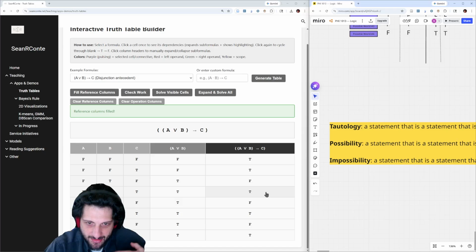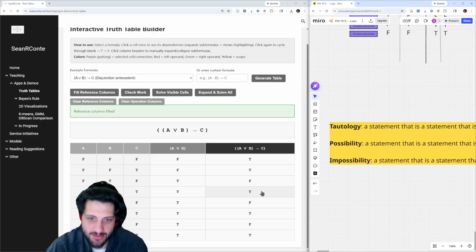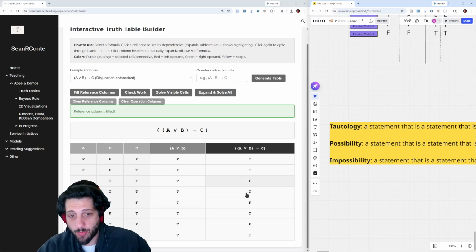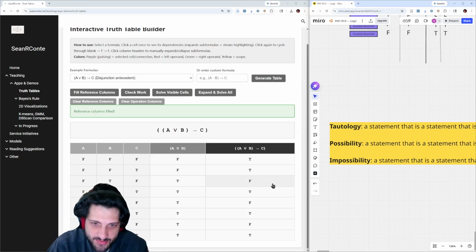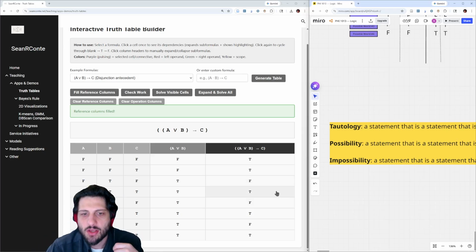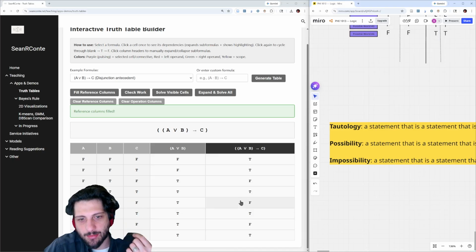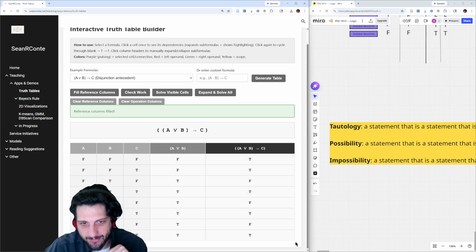It is a thing that could happen, but it's not guaranteed to happen. Another word for this is contingent. Depending on how things go, it will be true, but depending on how other things go, it might be false. So we want to think about this statement and the statement we just did a moment ago as a possibility. There are certain worlds where it's true, certain worlds where it's false.